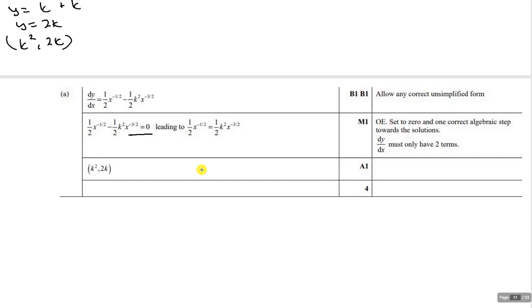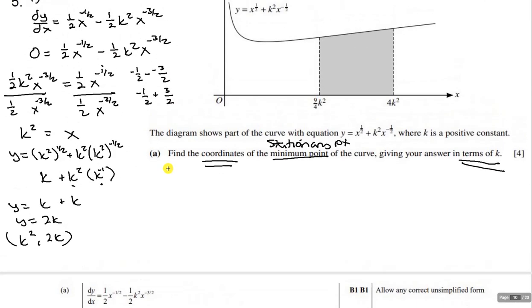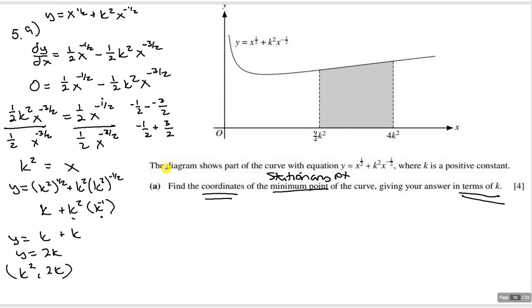So after you make it equal to 0, if you can make one correct algebraic step, then you can get this method point. So again, you'll notice how me taking this negative 1/2 k squared x to the negative 3/2 and adding it to the other side, that's a correct algebraic step.